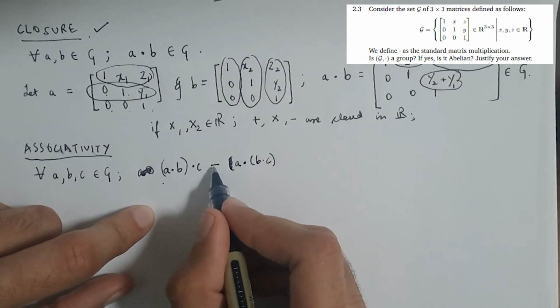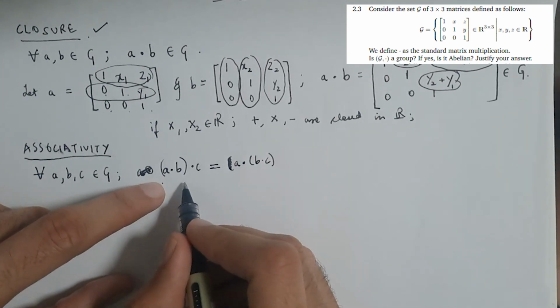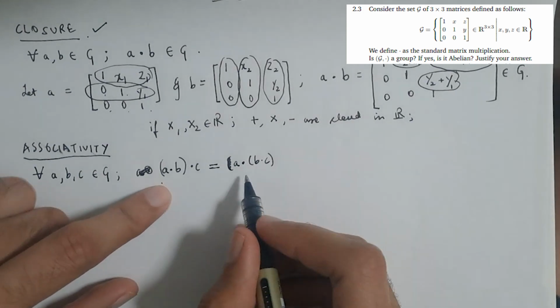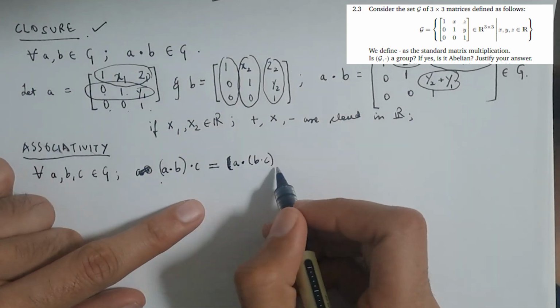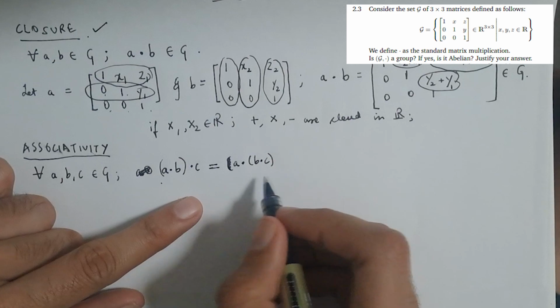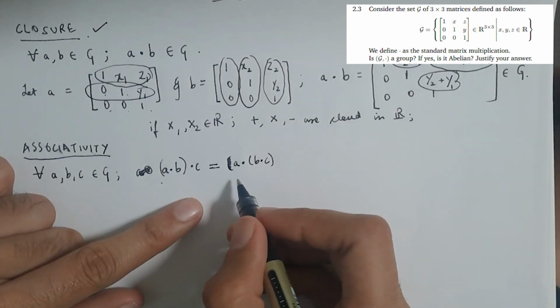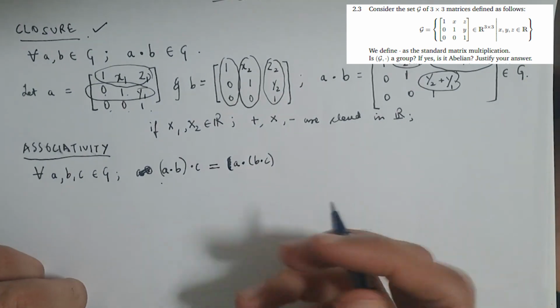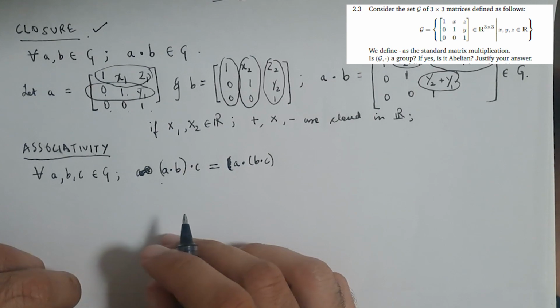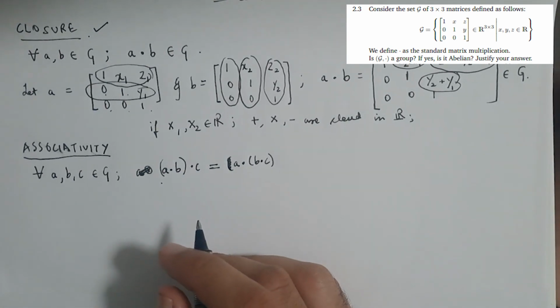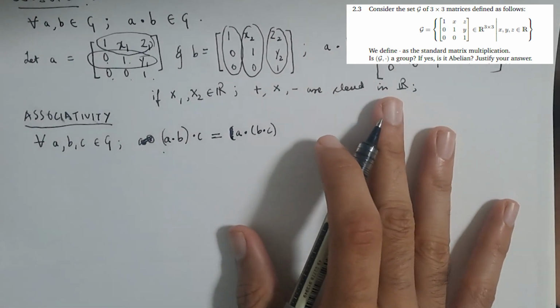So in this case, we're doing A dot B first and then post-multiplying that with C, and that should be the same as doing B dot C first and then post-multiplying that with A. So that really is what we expect. So let's see if that actually works.